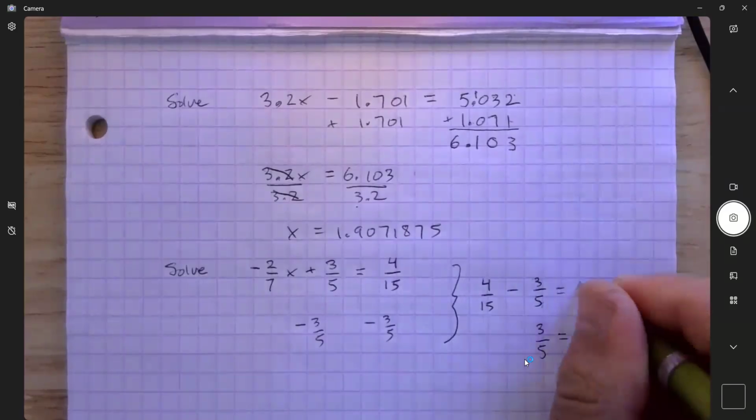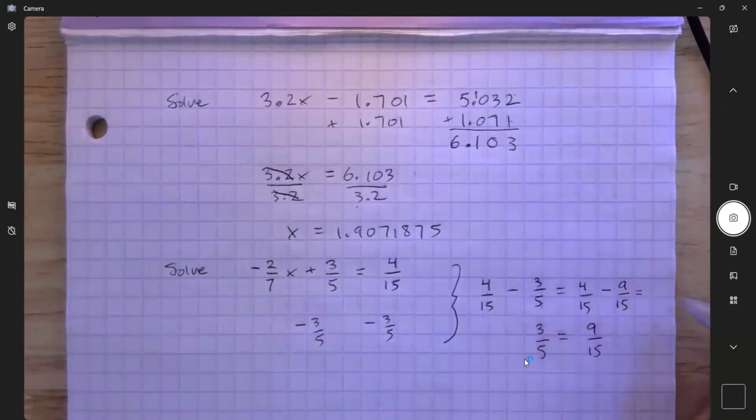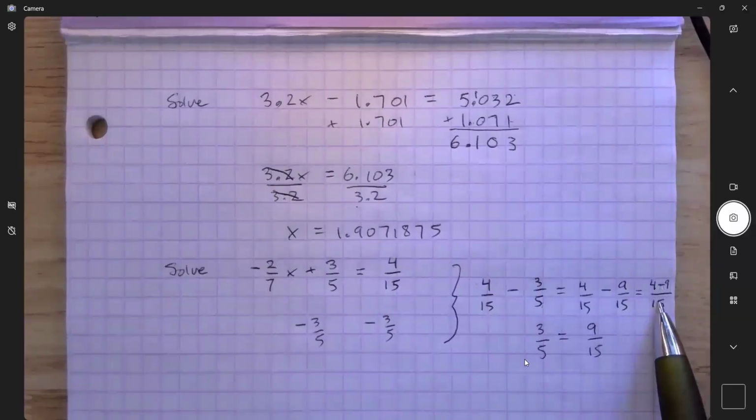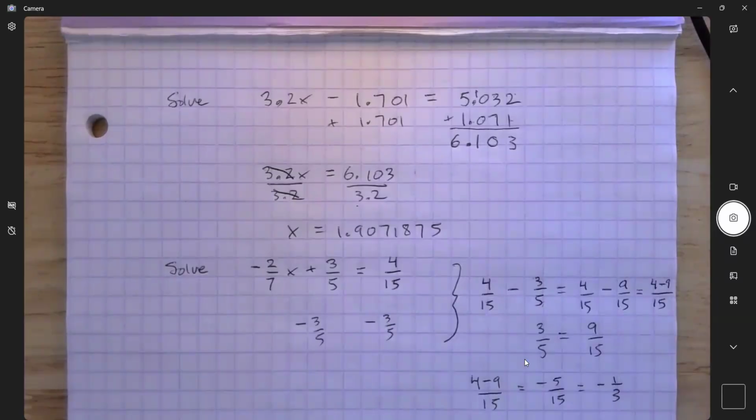So instead of doing 4/15 minus 3/5, I'm going to do 4/15 minus 9/15, which is 4 minus 9, all divided by 15. And 4 minus 9, all divided by 15, equals negative 5/15. And actually that turns into negative 1/3. Didn't know that when I wrote the problem, but that's what it turns into.